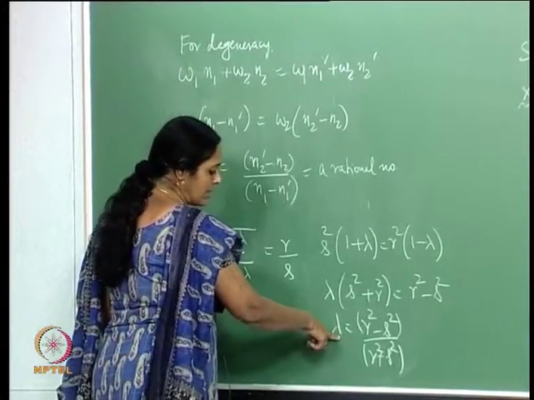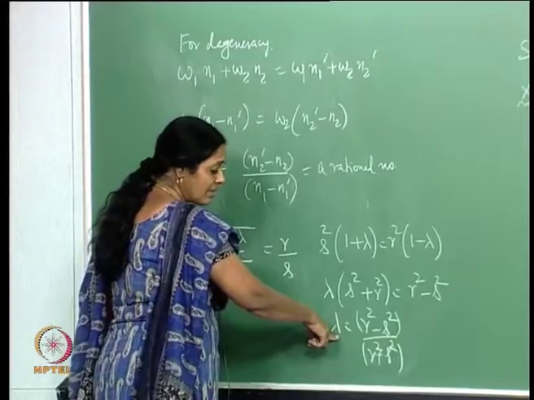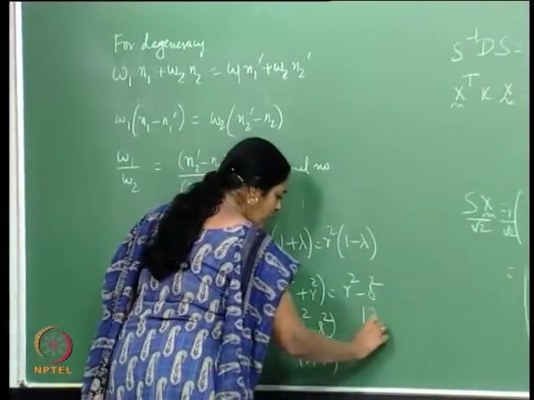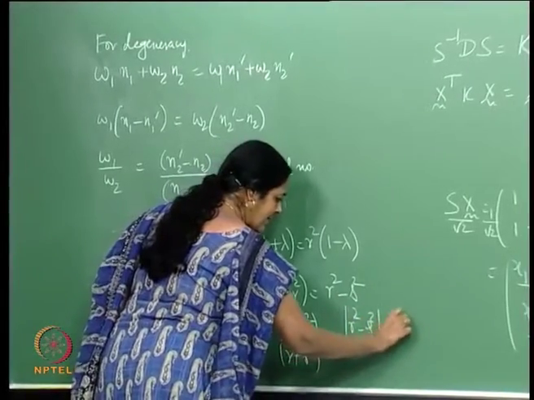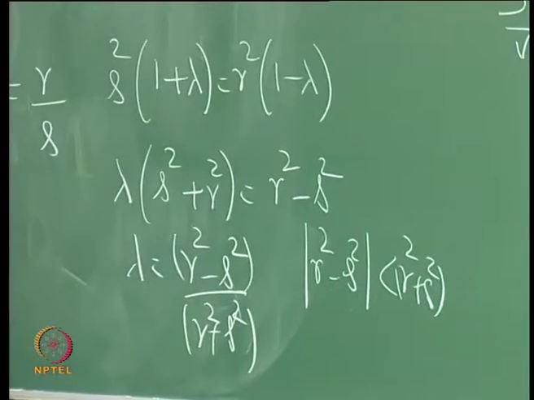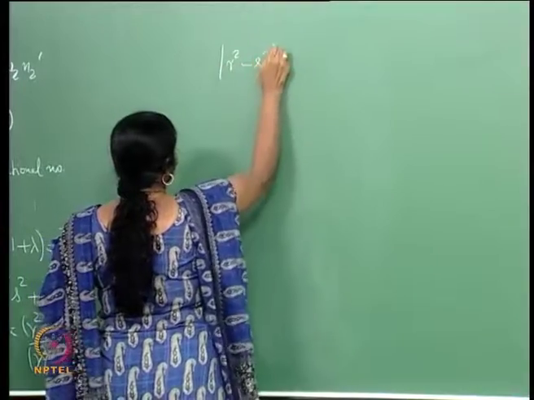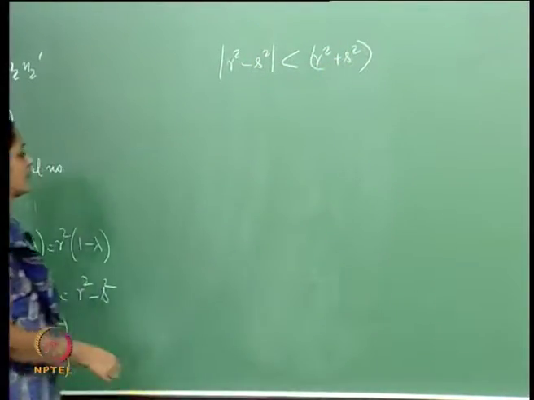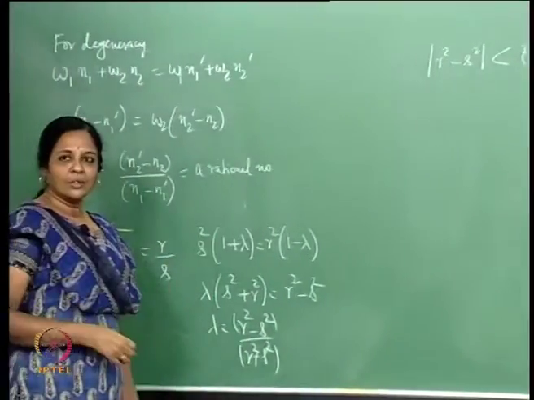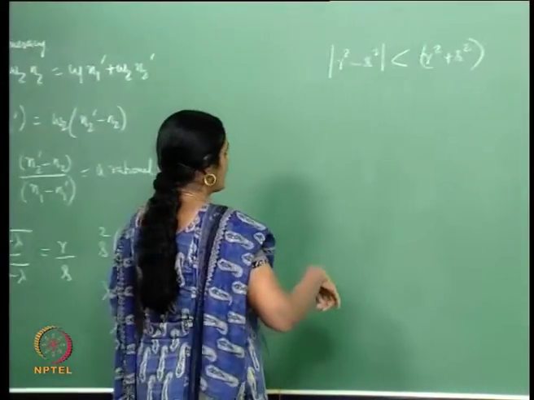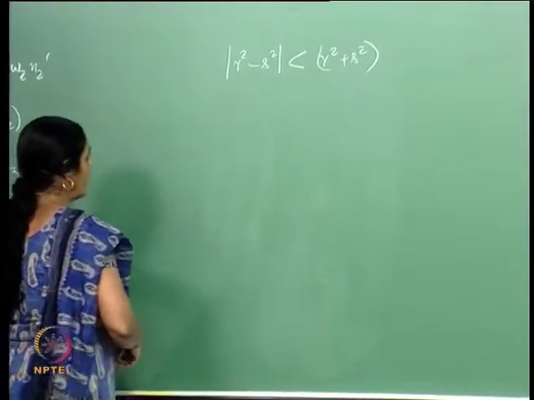Now, because lambda is allowed only the range minus 1 to 1, it is clear that modulus of r squared minus s squared is less than r squared plus s squared. Let us write that properly. So, this is what you have.